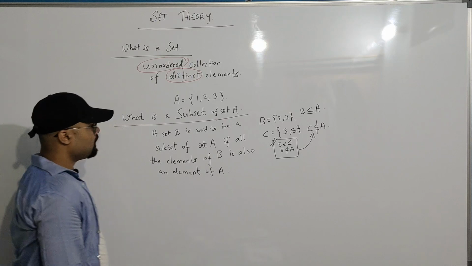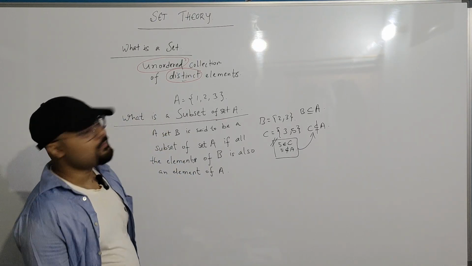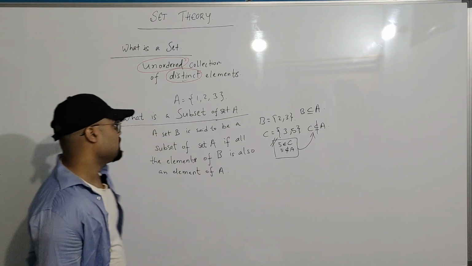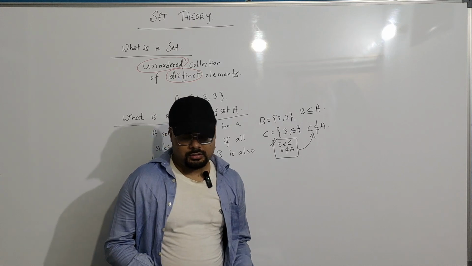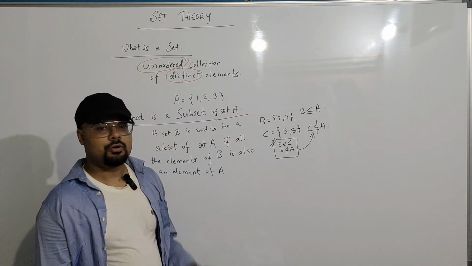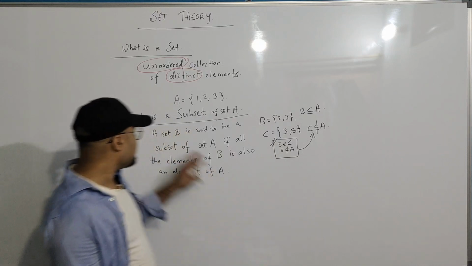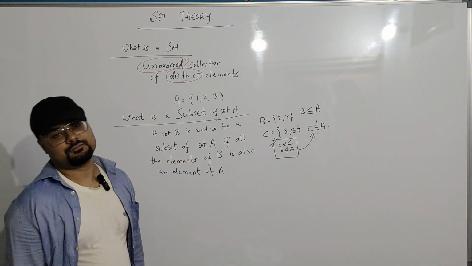If a set is given to you and you are asked to form a subset from this set, you know that the elements of the subset have to come from A only. And from the definition of a subset, the set A is a subset of itself.